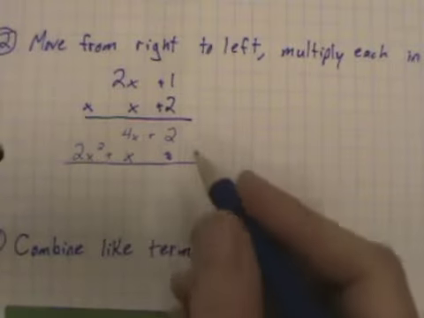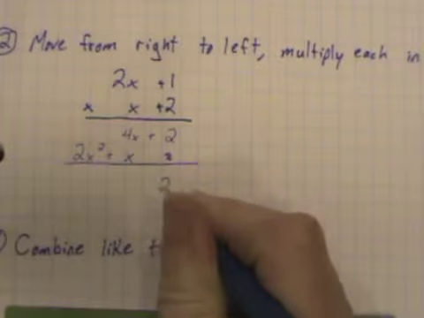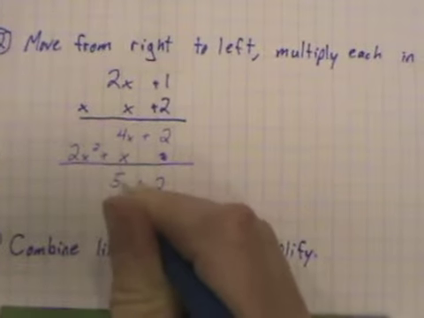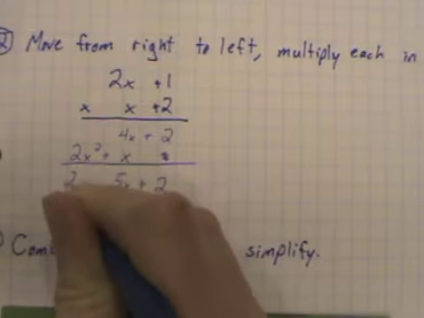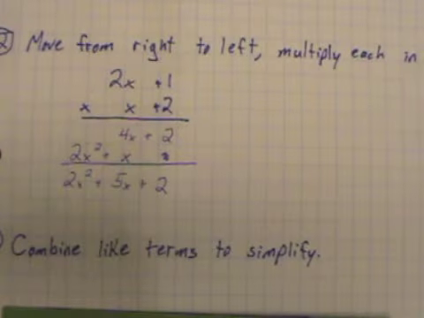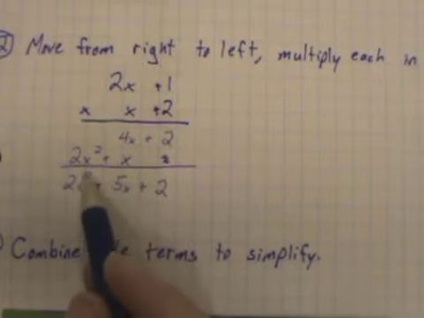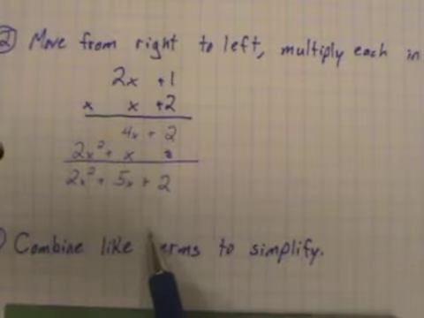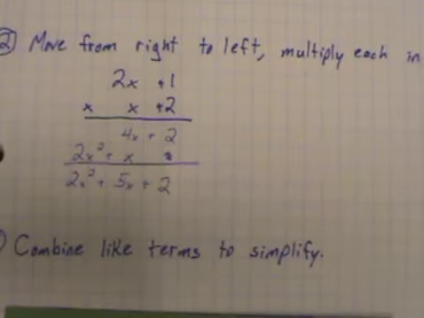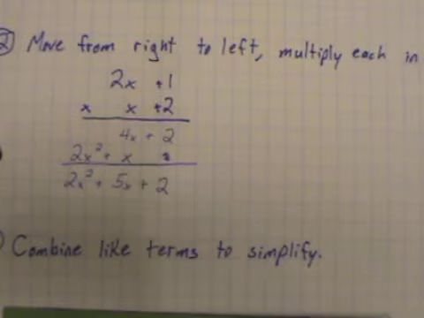Because I lined them up this way, combining like terms is super easy. That is our 5x, and that is 2x squared. Okay. If you hadn't lined these up, it would still work out okay as long as you remembered that you can only add like terms.